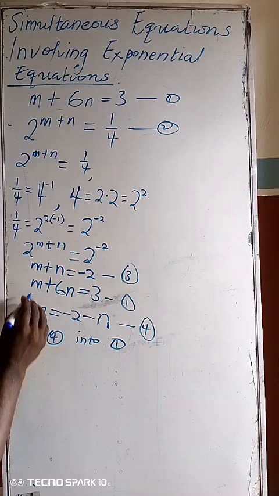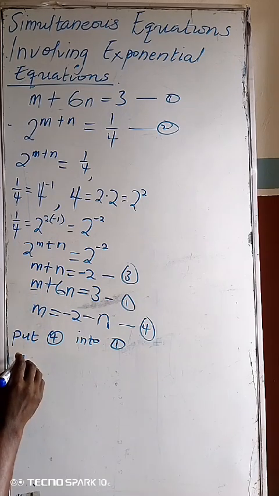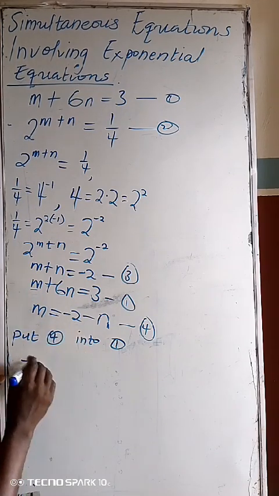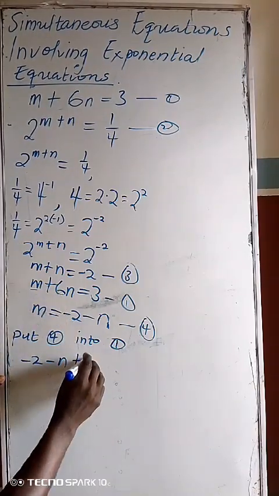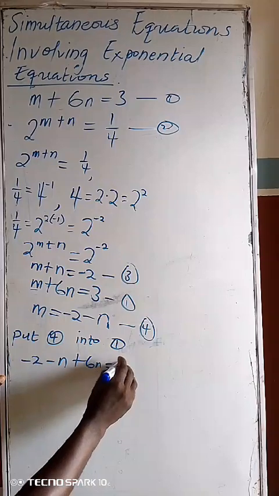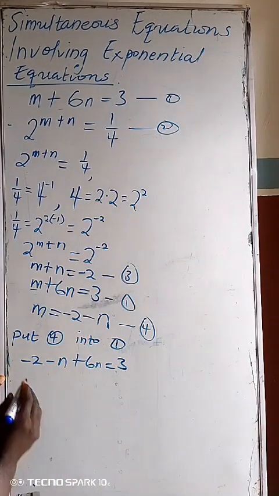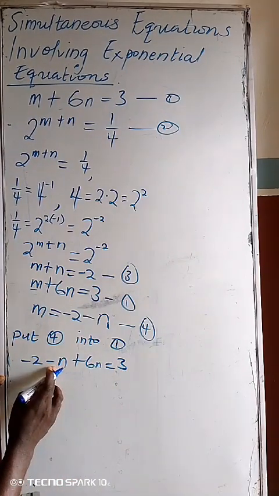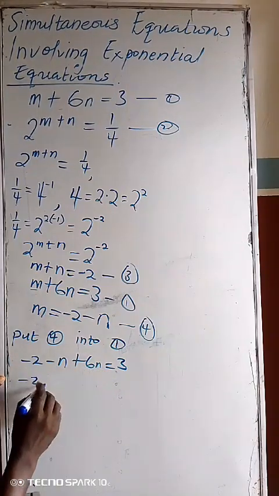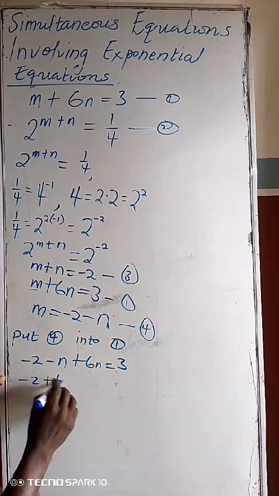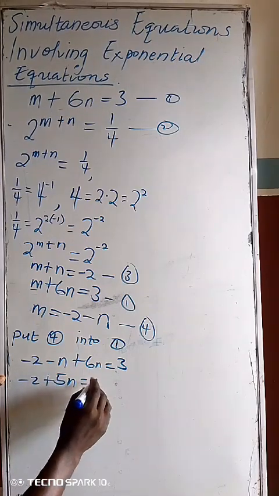My m here will be negative 2 minus n, and already I have plus 6n, which is 3. So negative n plus 6n gives me 5n. So negative 2 plus 5n is equal to 3.